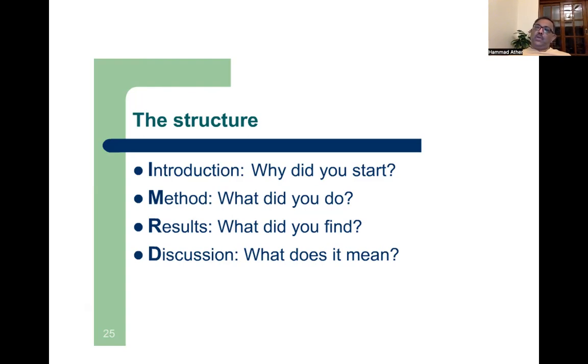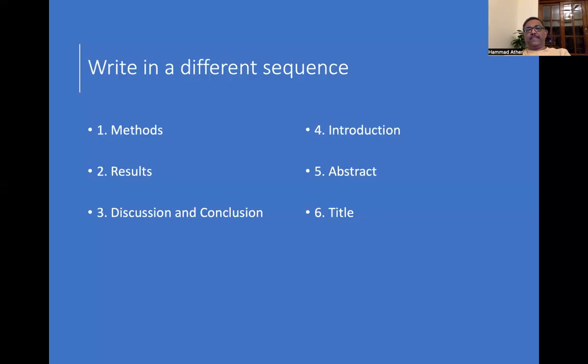So your outcomes, the essence that has come from your methodology, is your results. And then in the discussion section, you will discuss your findings in comparison to the findings so far reported in literature. So what your finding actually means.